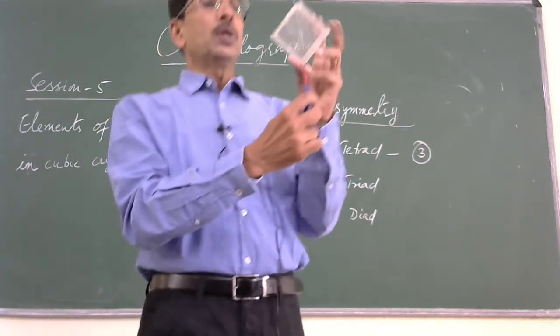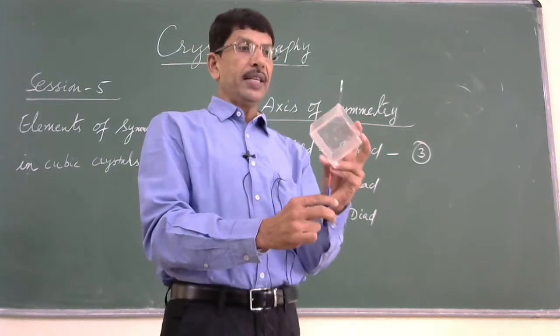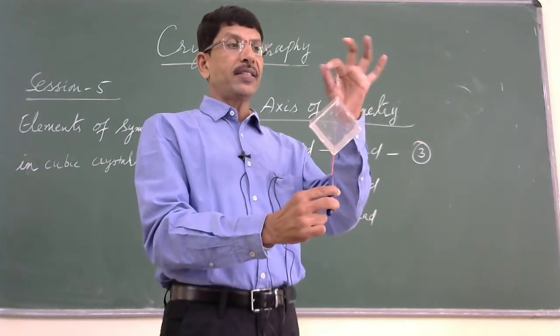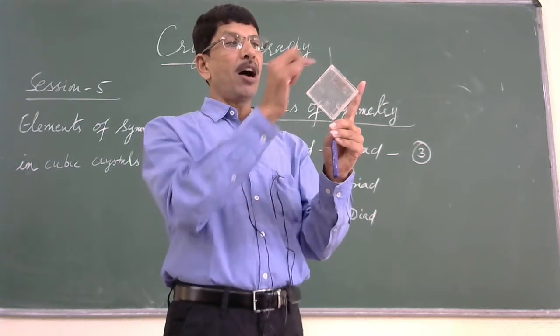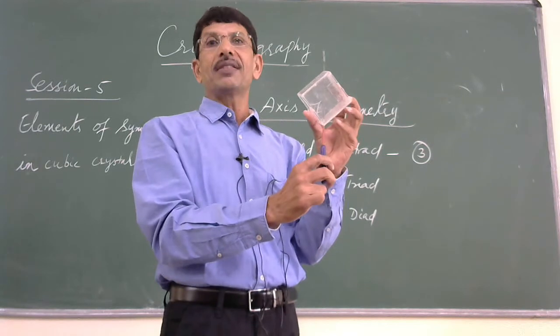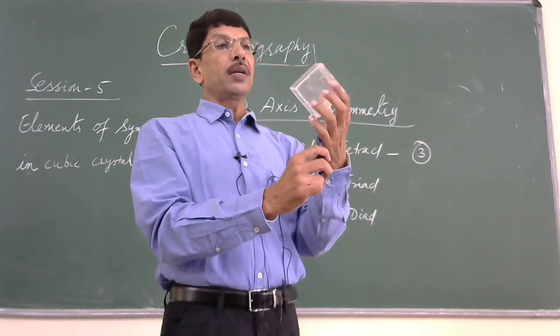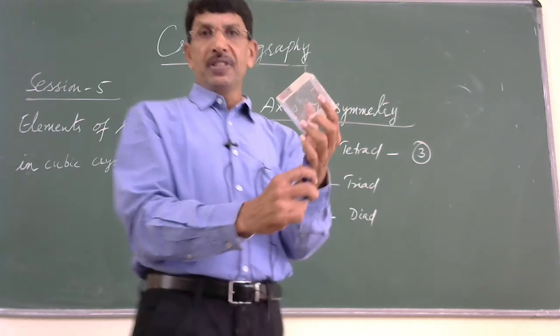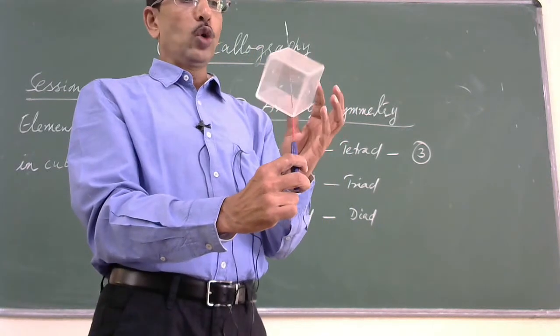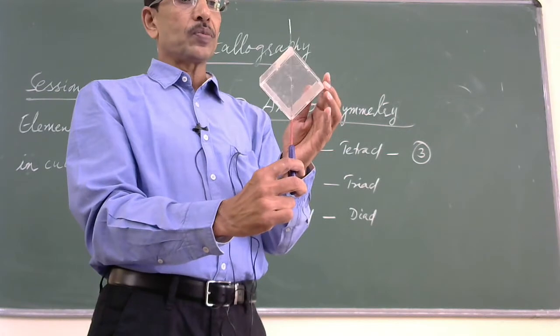Look, so now this is the 3-fold axis of symmetry which is passing through diagonally opposite corners of the crystal. So this is your initial phase. The sticker is here, it should be visible. So now I rotate it through 120 degrees.